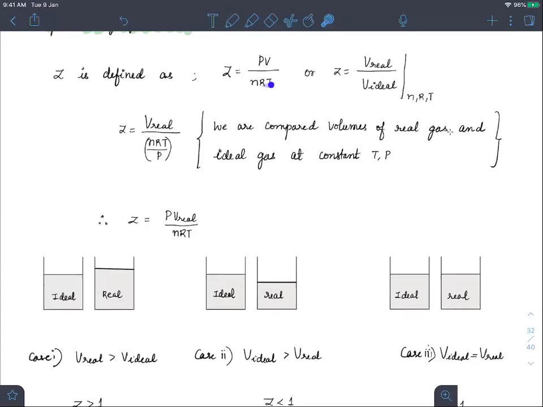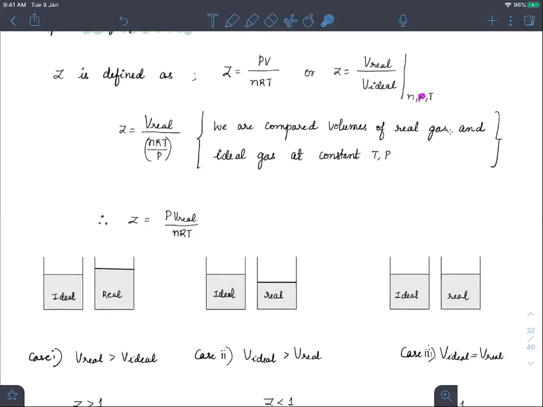Now when I write PV by nRT here, what is this nRT by P? Here, this is defined as V real by V ideal for real gases at the same number of moles, temperature, and pressure. Then only this is possible.